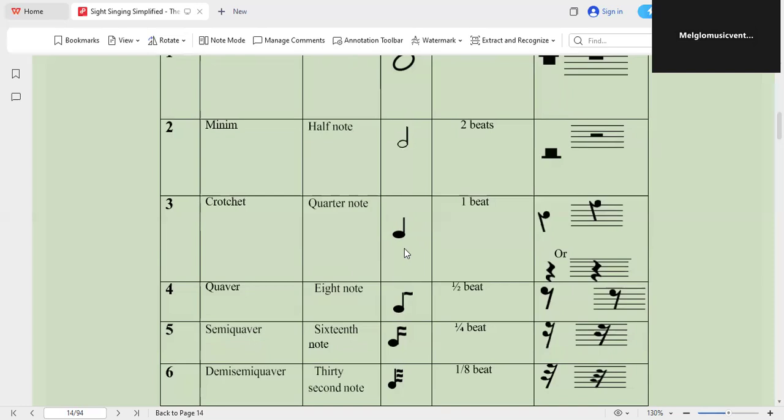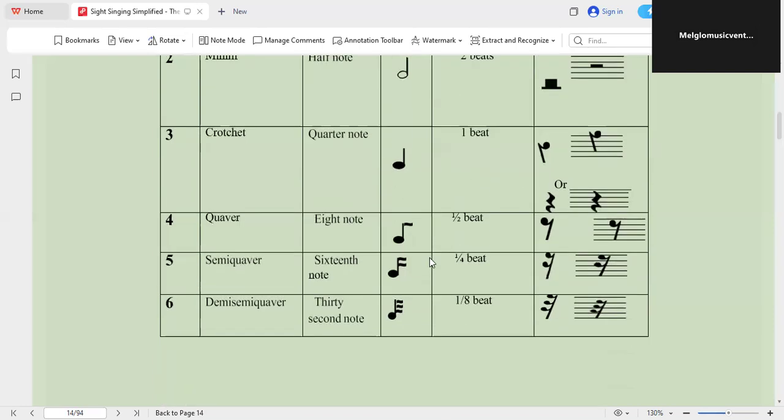Da, da. I made it twice. Let me make it for 1 now. 1. Da. That's all. I've made it for 1 count, 1 beat. And this is the equivalent rest. You will understand better and better when we get to the practical aspect of it.